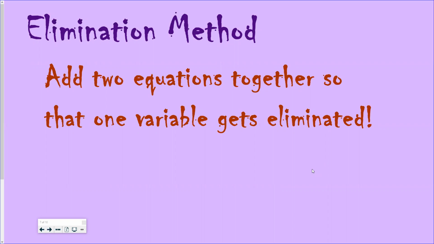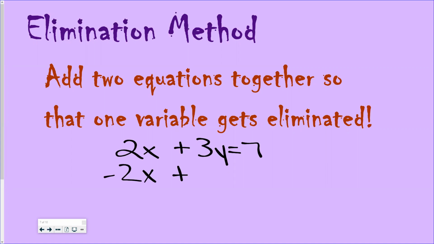When those two equations are lined up, for example, if I had 2x plus 3y equals 7 and 2x plus 6y equals 8.